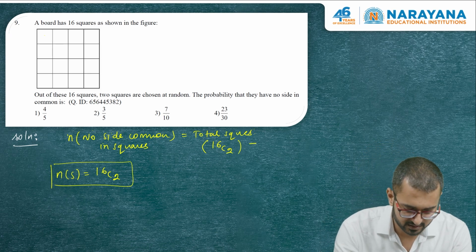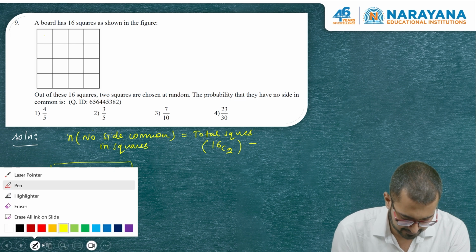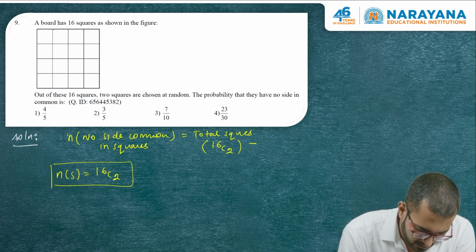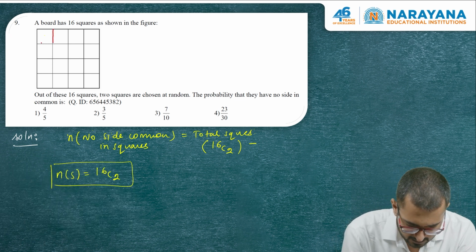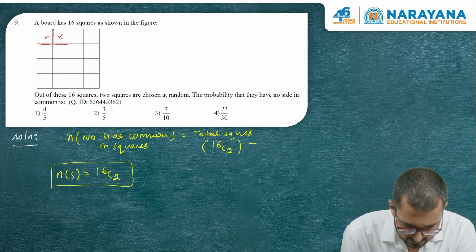So for having a side common, we have to choose the squares this way. If I choose these two squares, I have one side common, and if I choose these two squares, I have this side common. That means I can choose this segment, or I can choose even this one, or the same way I can choose this one.